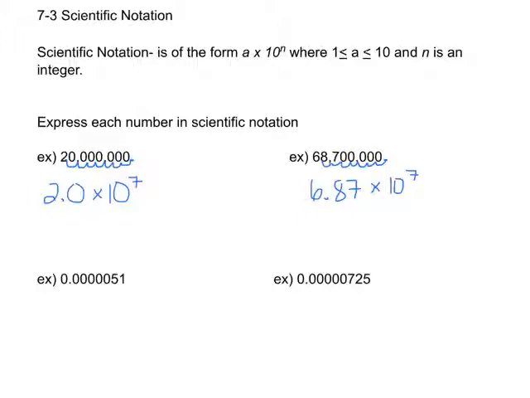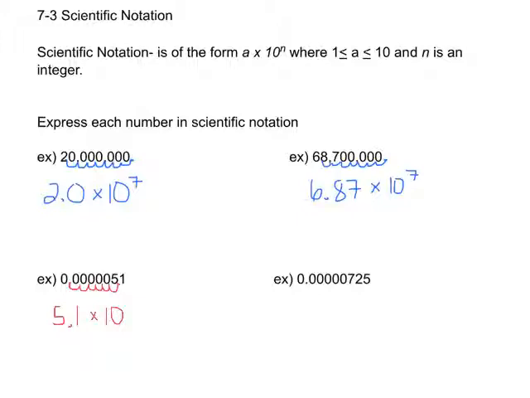For our next two examples, we already have a decimal, and this decimal is a little bit bigger, so I can actually move my decimal to the left or to the right. So here's my decimal point, and I'm just going to count how many spaces I'm going to move again. So I have 1, 2, 3, 4, 5, 6. So I have 5.1 times 10.